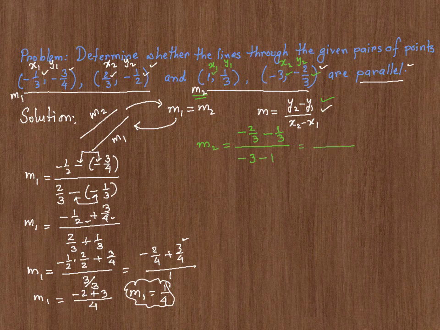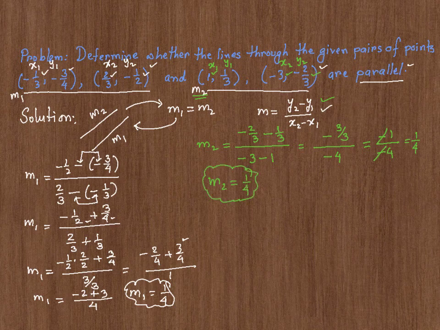And on the top I have negative 2/3 minus 1/3, which is going to be negative 3/3, and in the denominator I have negative 4. Negative 3 minus 1 is negative 4. On the numerator I have negative 1. In the denominator I have negative 4. Negative and negative is going to cancel, which is going to be 1/4. So my m2 is equal to 1/4.